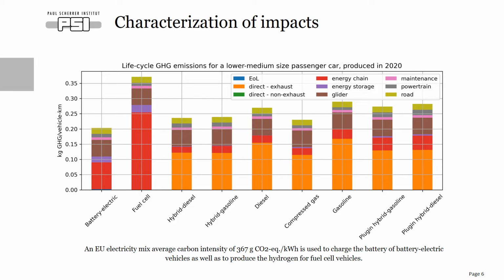For those conventional powertrains, we clearly see that the share of direct exhaust emissions, so the combustion of the fuel, clearly represent, as we previously mentioned, about 2/3 of the overall impacts.